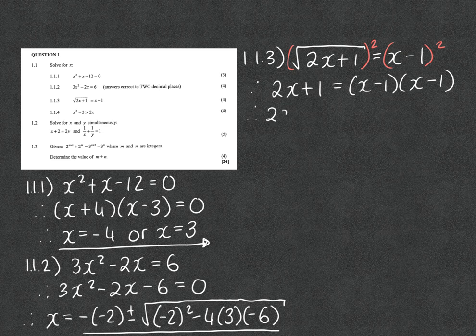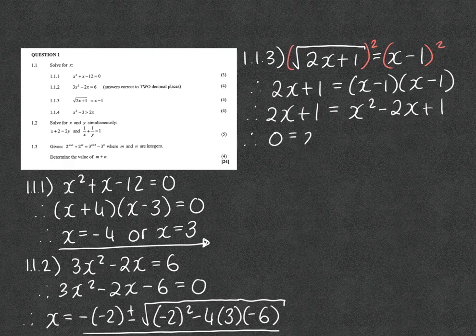So if we FOIL that, 2x plus 1 equals x squared minus 2x plus 1. I did that very fast because I assume that you know how to quickly FOIL out two binomials. Now all we do is get everything on one side of the equation. I'm going to move everything over to the right.